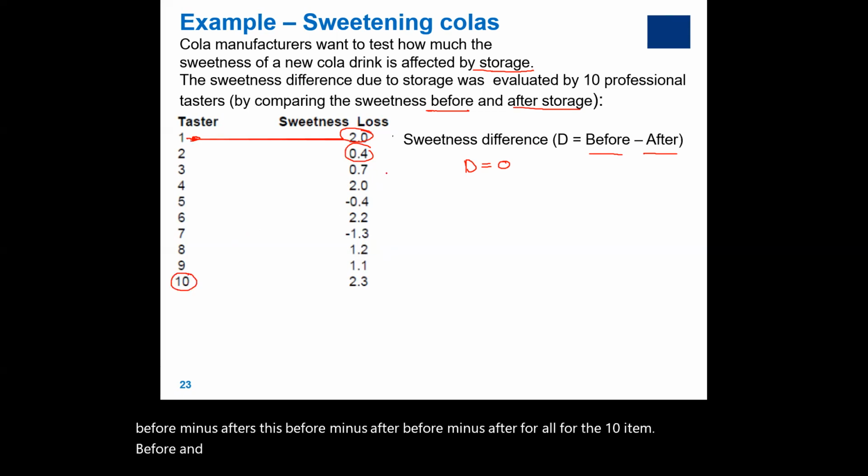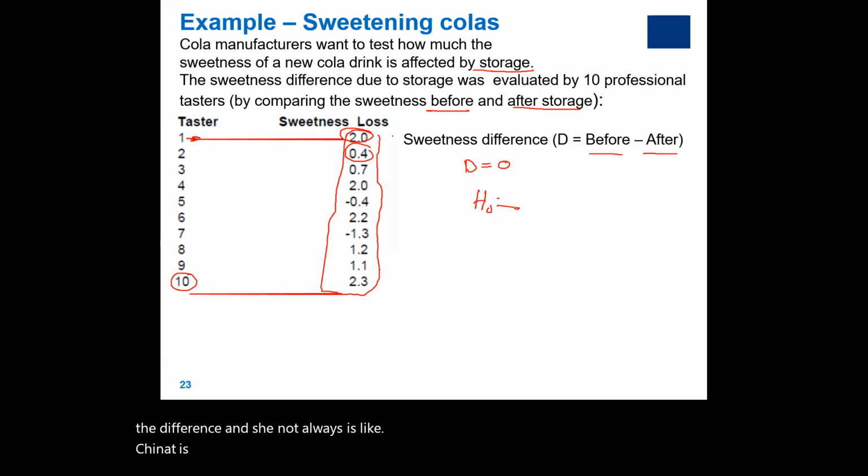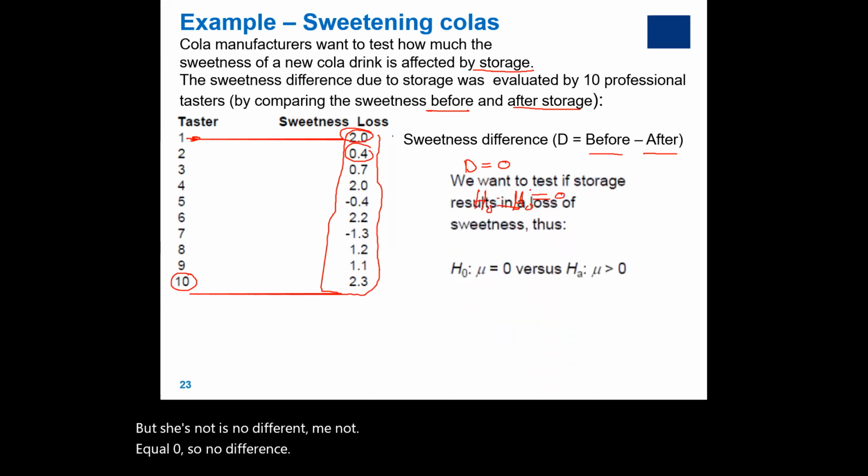We compute this for all 10 items. Now we study the difference. The null hypothesis is mu D equals 0, no difference. The alternative is that a difference exists.